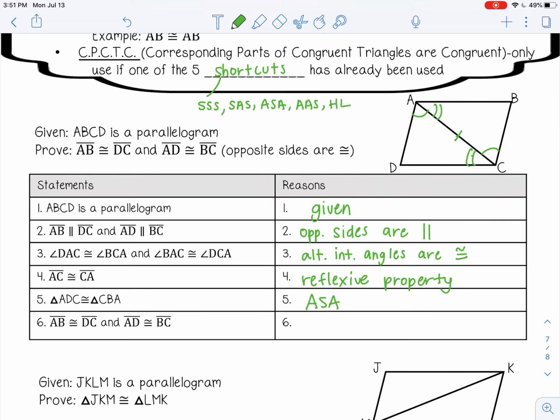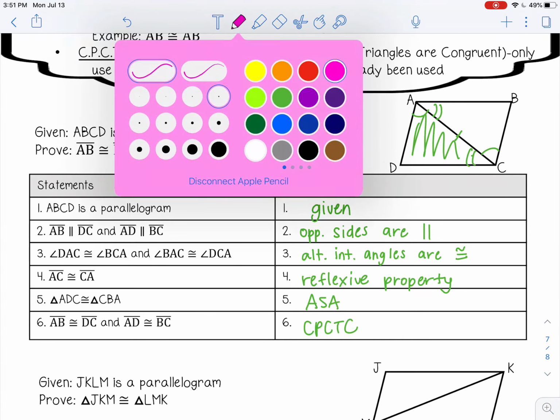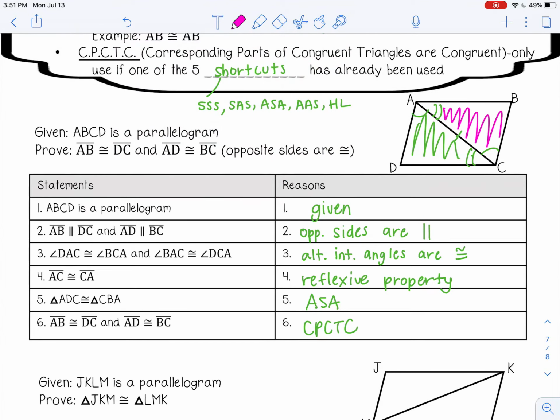The reason we know those are congruent is because of CPCTC. We have said that this triangle is congruent to this triangle, so we can say any corresponding piece of them is congruent. So AB would be congruent to DC and AD to BC.